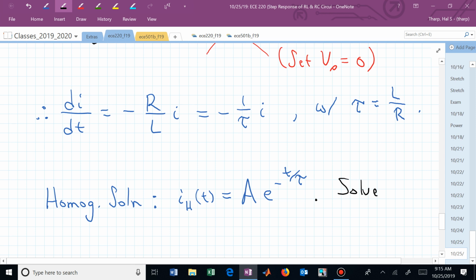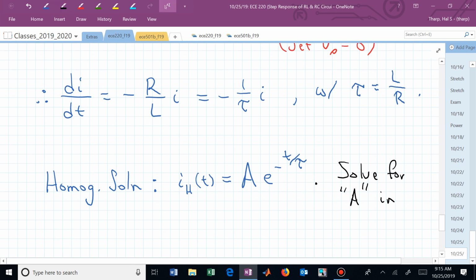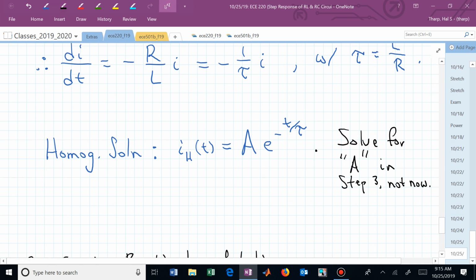We'll then solve for A, that constant, in step 3, and definitely not now. You'll see this homogeneous solution written many different ways, but right now, at the conclusion of step 1, we just keep A as an unknown constant.